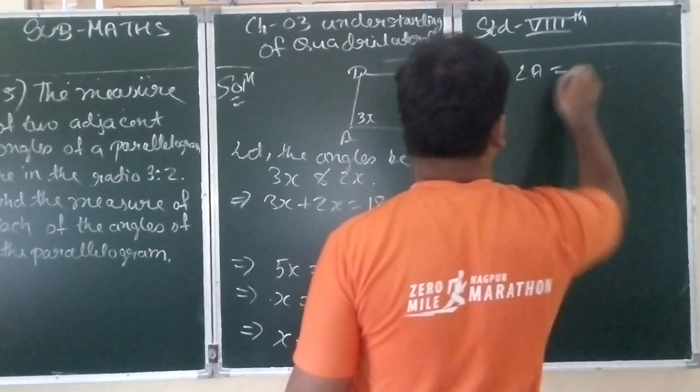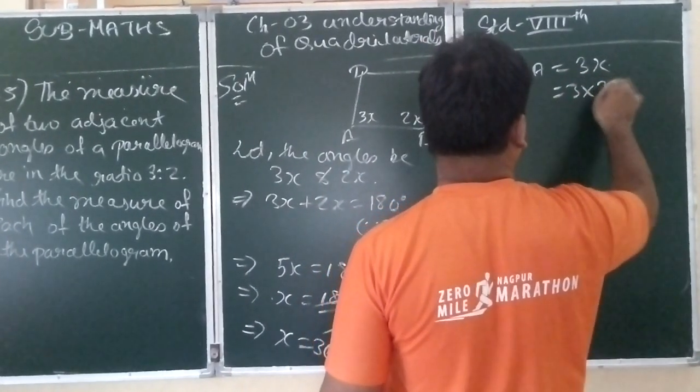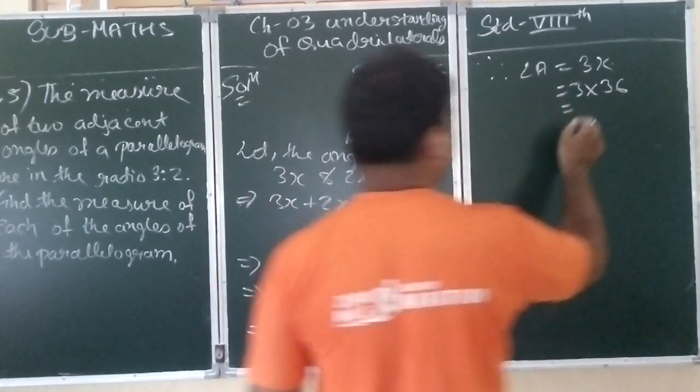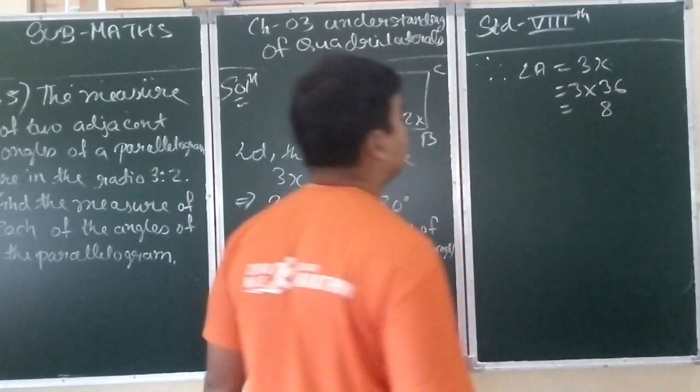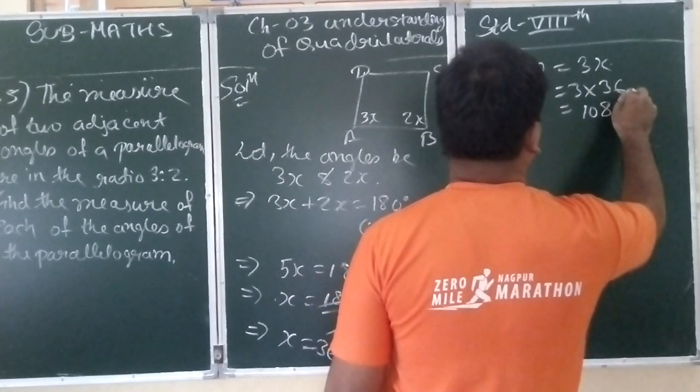Now find the value of the angles. Angle A is equal to 3x, so 3 into 36 is 108 degree.